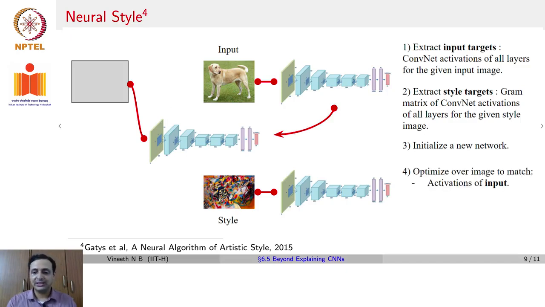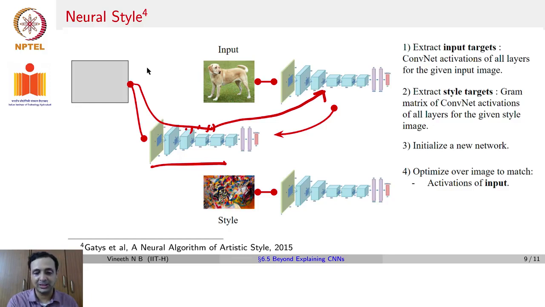And to this image, you backprop to image again, but you try to ensure that the activations that you get at any layer of this model is close to the activations that you get for this image on the same model in a different context. And the gram matrix of activations that you get here resemble the gram matrix of activations that you get for the style model. Right. So remember, this is the content part of it and this is the style part of it.